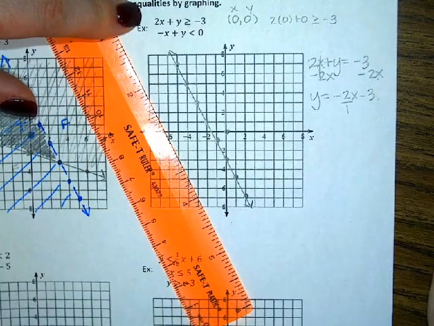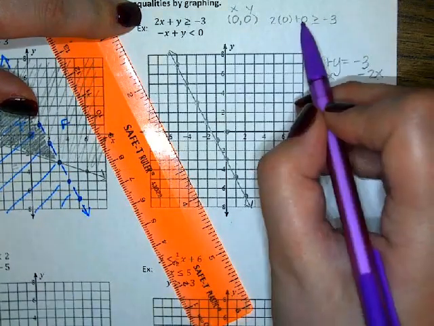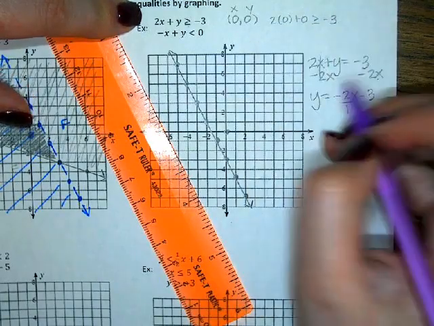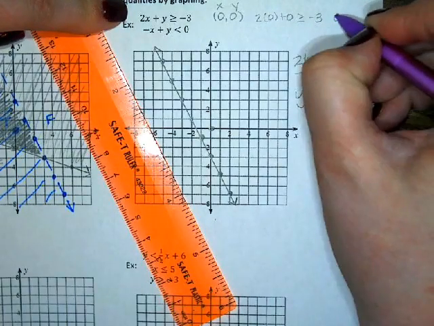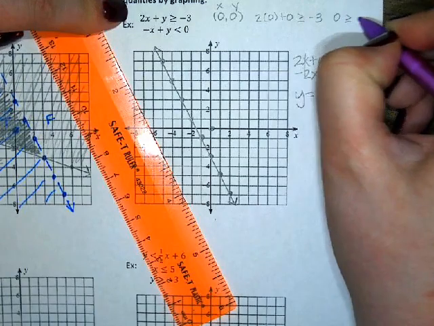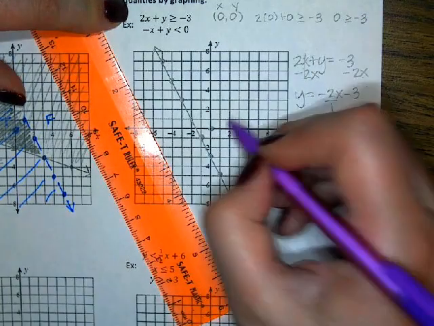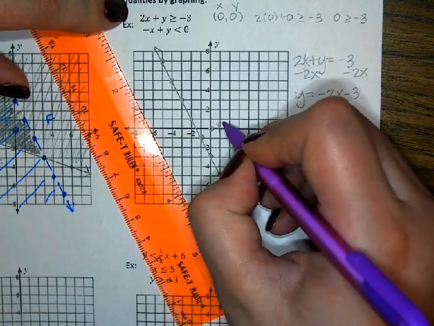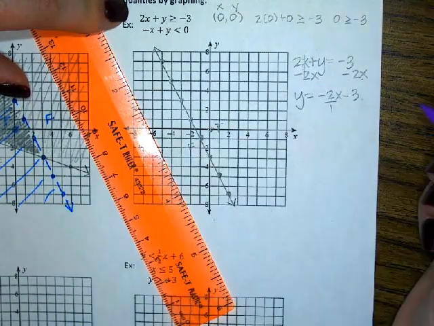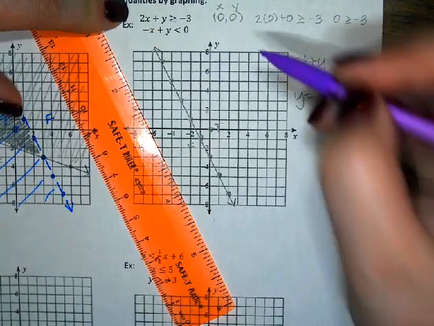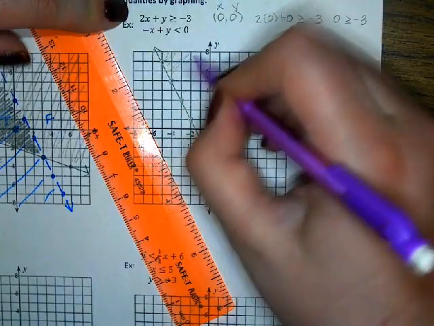So over here, that's 0 and 0, so all of that zeroes out. We get 0 is greater than or equal to a negative number. True. So this is the true side. This is the false side. So where should I shade? Where it's true. Okay.